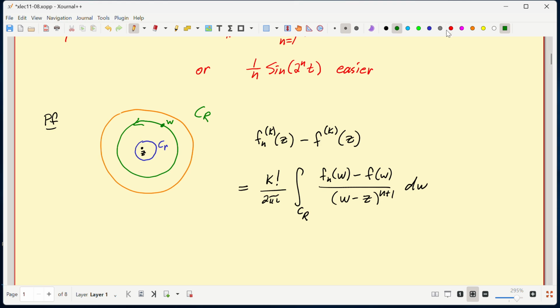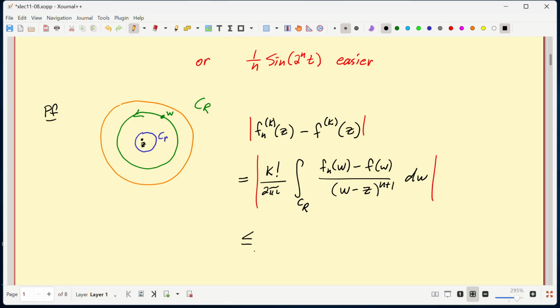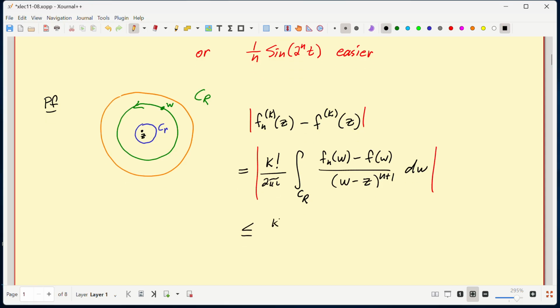And so now I'm going to take the modulus and get that this, by the basic estimate for integrals, is less than or equal to k factorial over 2 pi. And then we get the maximum of f_n minus f, that's the function in there, on C sub R. And what's the maximum of the other stuff? The other stuff would be 1 over R minus little r to the n plus 1.